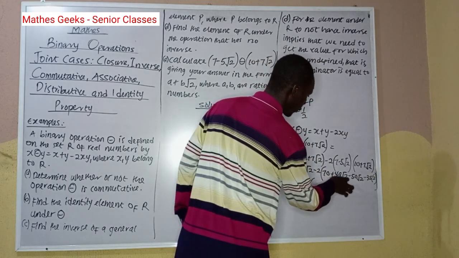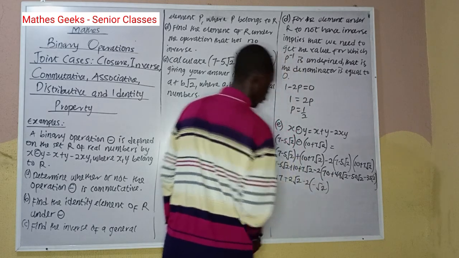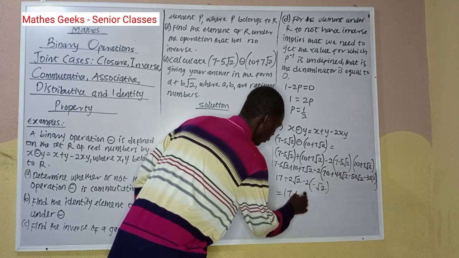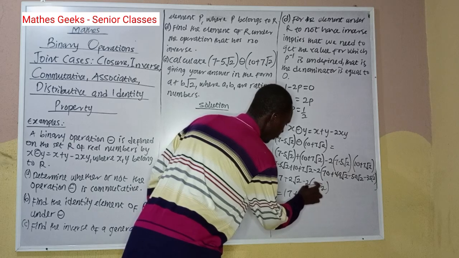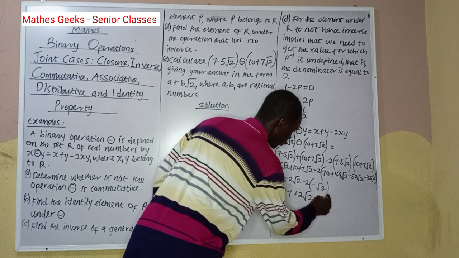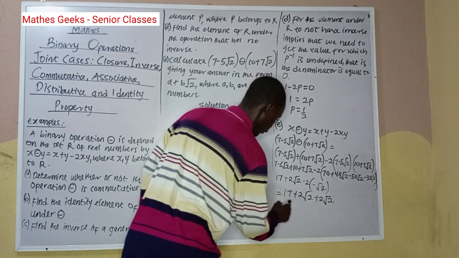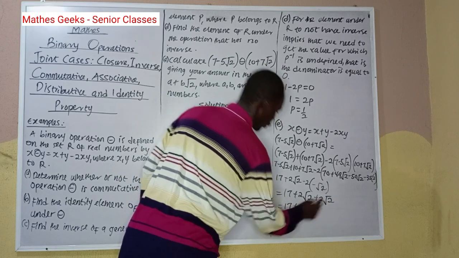And here plus 49 root 2 minus 50 root 2 will give us minus root 2. Also 17 plus 2 root 2 minus 2 times minus root 2 will give us plus 2 root 2. So 2 root 2 plus 2 root 2 will give us 17 plus 4 root 2.